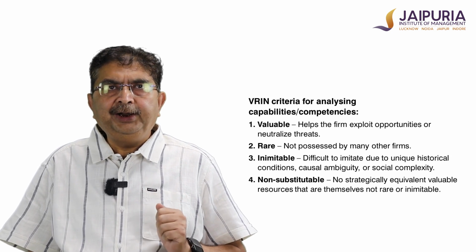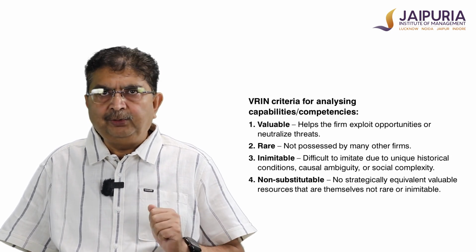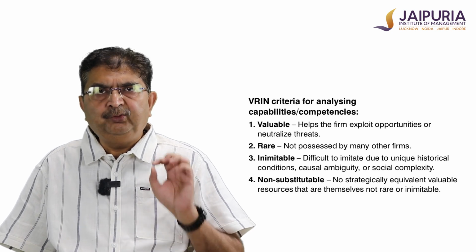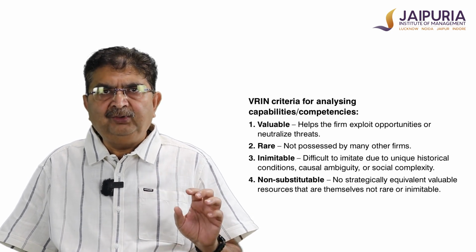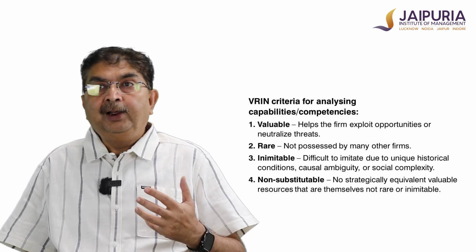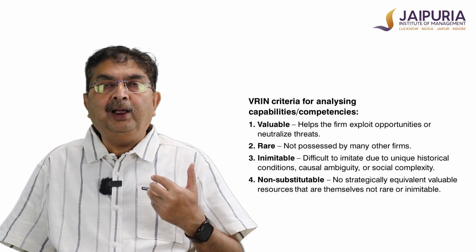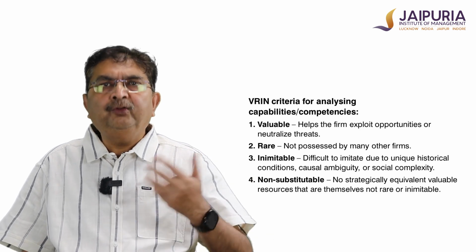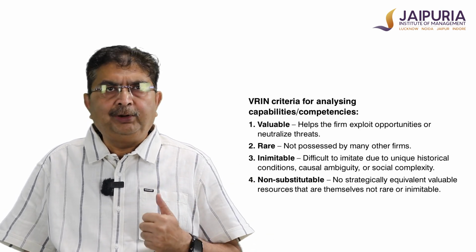Now let's come to the VRIN criteria for analyzing capabilities and competencies. As I said in the earlier slide, after identifying specific capabilities and competencies, let's check them for their probability of being a core competence or a distinctive competence, and subsequently a sustained competitive advantage for the organization.